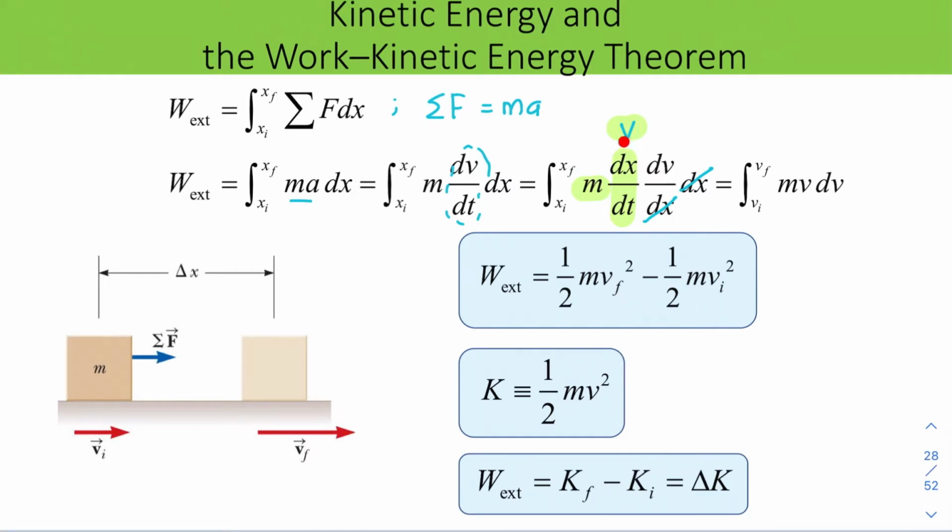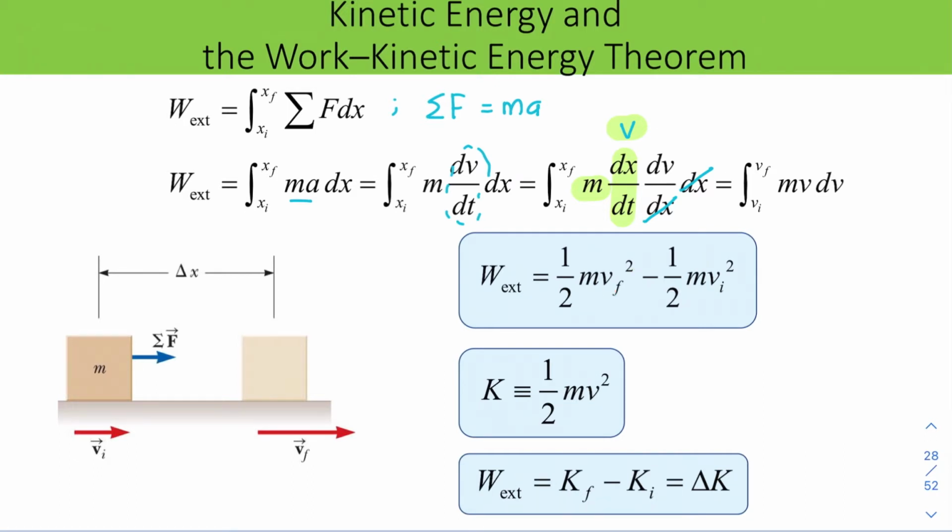Since we are integrating V, the limits from beginning to final must also be information about V. So now it becomes the integration of MV with respect to V, from V initial to V final. If we integrate V here, we are going to have V squared over 2.